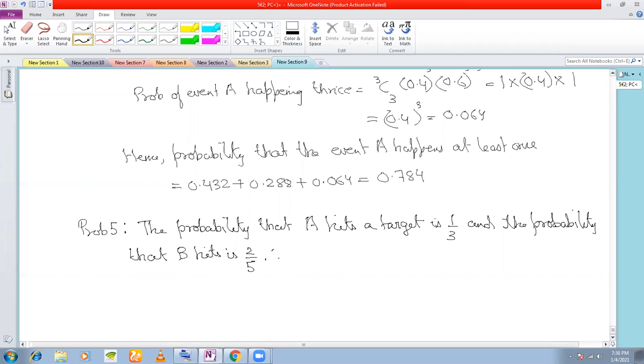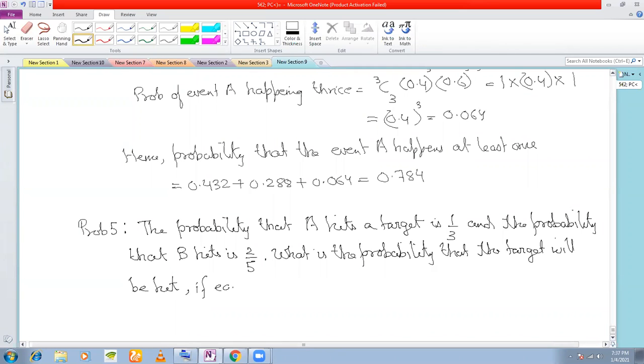What is the probability that the target will be hit if each one of A and B shoots at the target? Okay. Now, Ahmed, tell me what problem type?